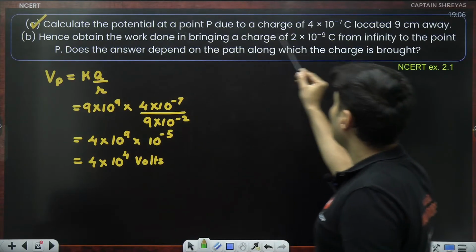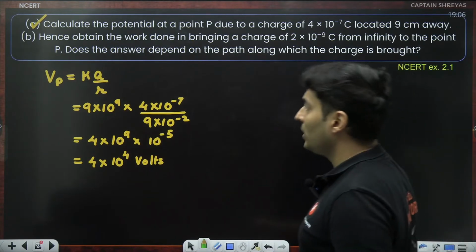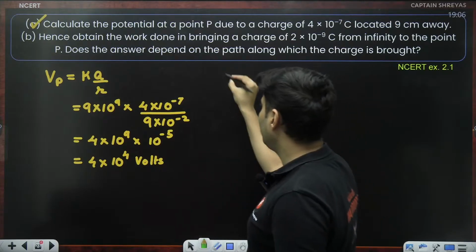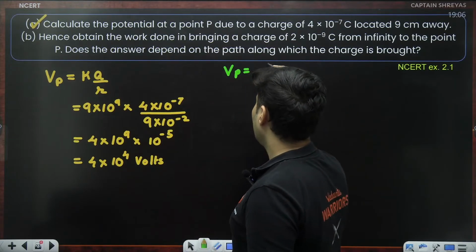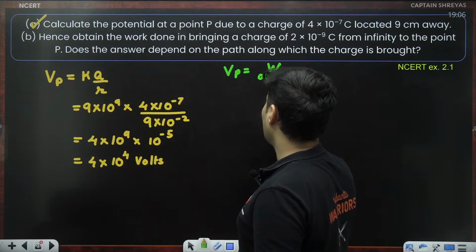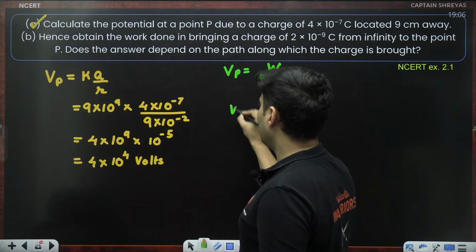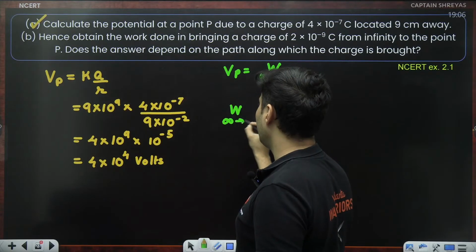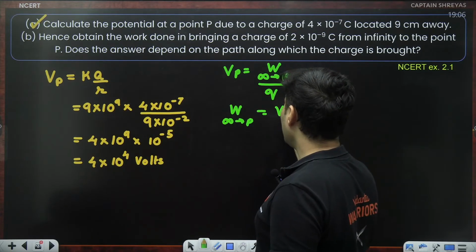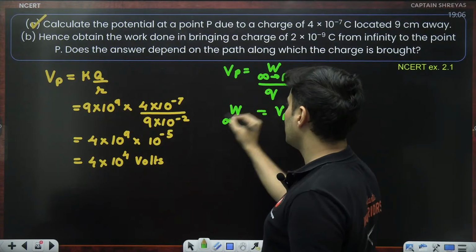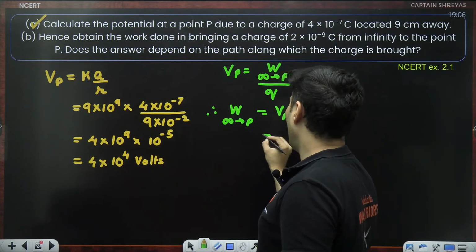Obtain the work done in bringing a charge from infinity to that point. Remember the definition of potential: it was the work done in bringing a charge from infinity to the point, per unit charge itself. So the work done to bring a charge from infinity to the point will be the potential multiplied by the charge. What is the potential?